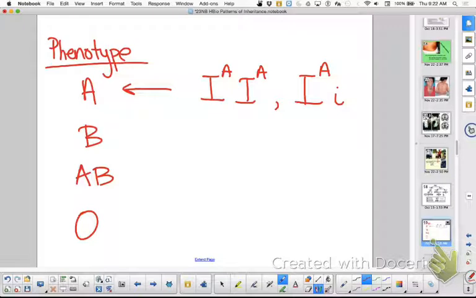Okay, now give me another set. What do you think B is? Big IB, big IB.